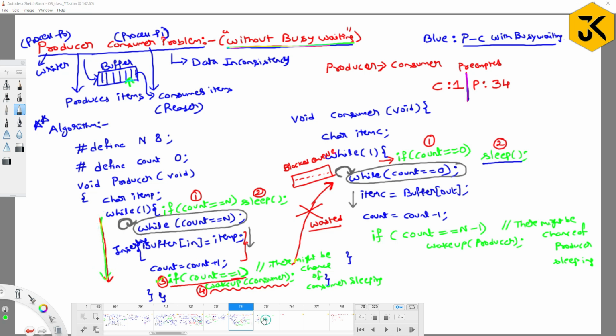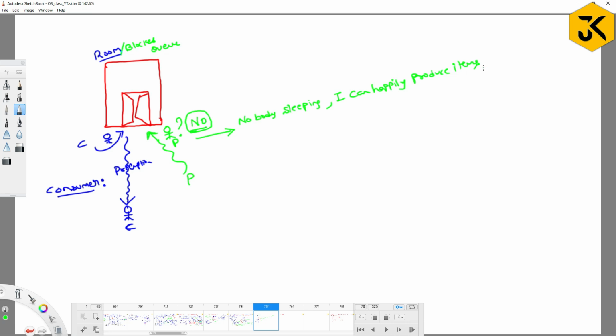Now the producer is producing the items, like 1, 2, 3, or say the characters X, Y, Z, K, L, M, N, O, and so on.